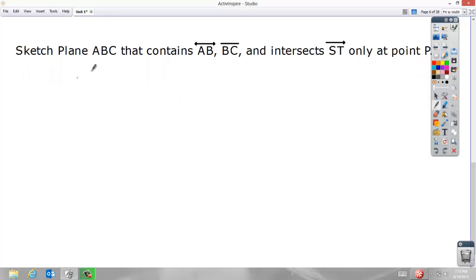All right. Next thing we're going to do is sketch. Okay. You'll find out in the next couple days that sketch and draw do not mean the same thing. But for our purposes today, you're just going to draw a picture here. Okay. So sketch plane ABC.